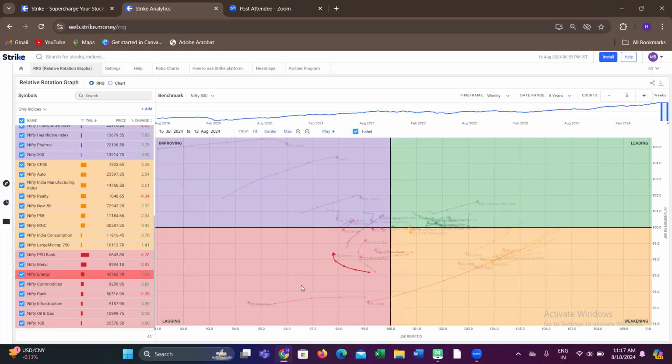So I will have a close watch on this, and I'll start studying what is happening in this, right? Oil and gas, again, getting closer to improving, very close to the benchmark, very stable. So these are the examples of rotation that you can study on the RRG chart on Strike platform.